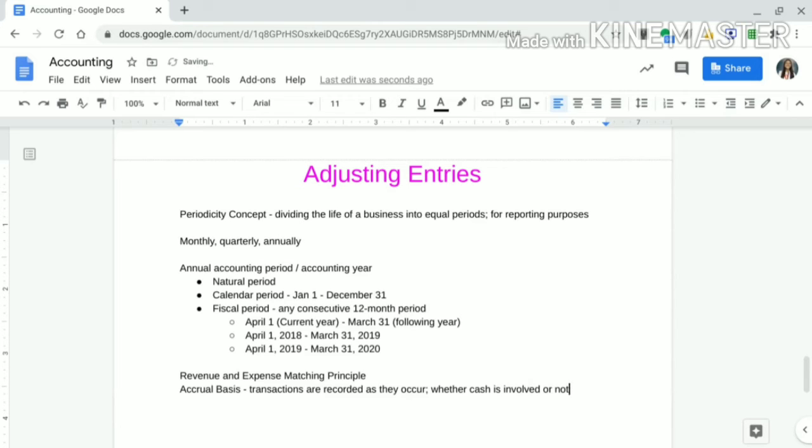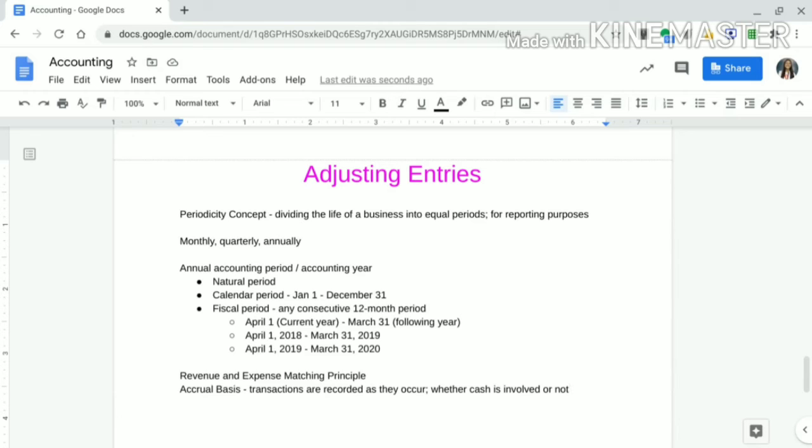So, wag muna natin i-discuss further to kasi madidiscuss din natin to later kapag nag-discuss na tayo ng account ng adjusting entries. But, kung nag-start naman na kayo sa accounting, I think you have idea of this already. Na, for example, may binili ka, let's say, on account, that means hindi mo pa siya binabayaran with cash, i-record mo na siya.